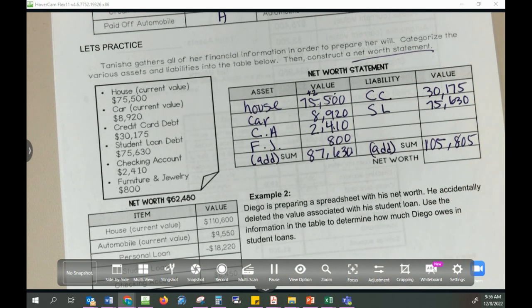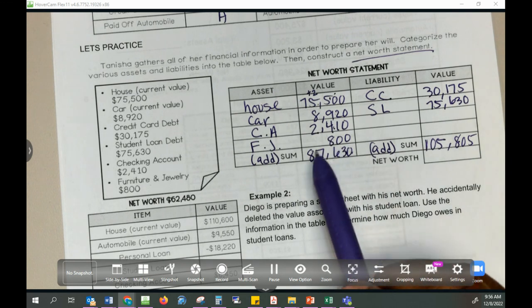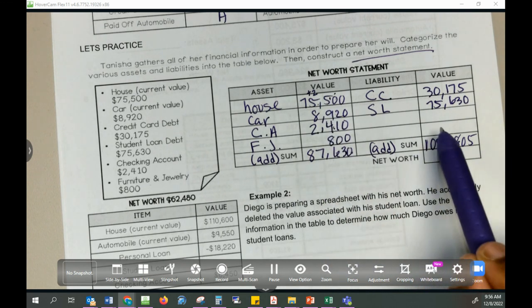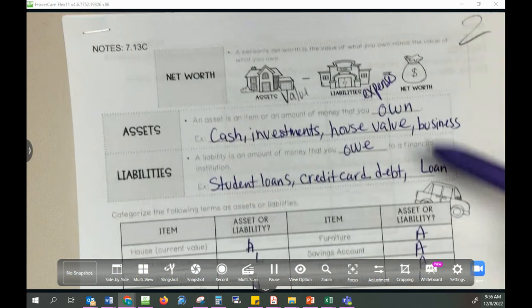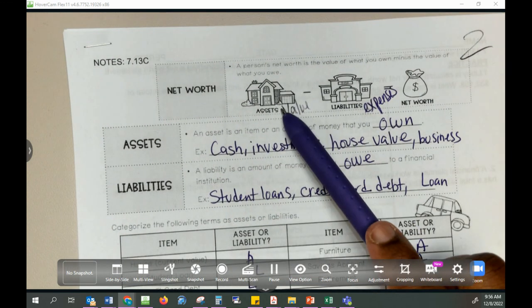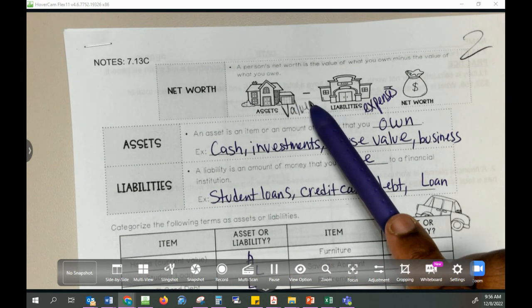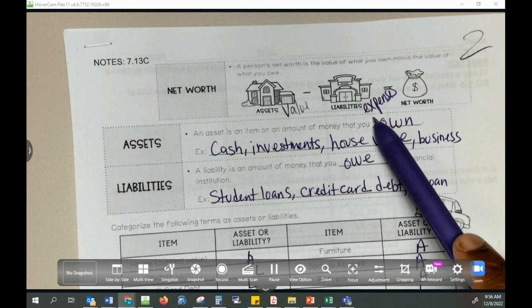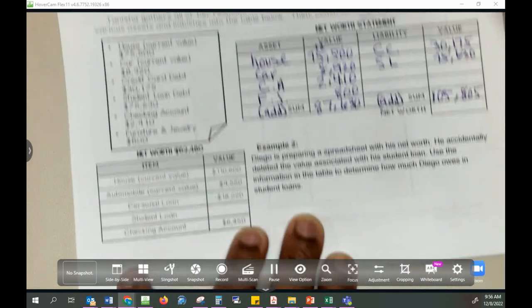105,805. So now that we have the sums of the assets and liabilities, remember at the beginning, it showed us that we will have to take our assets, subtract our liabilities to find out what our net worth is.